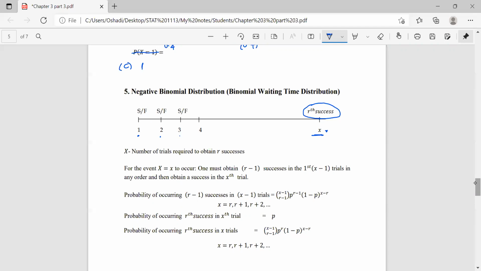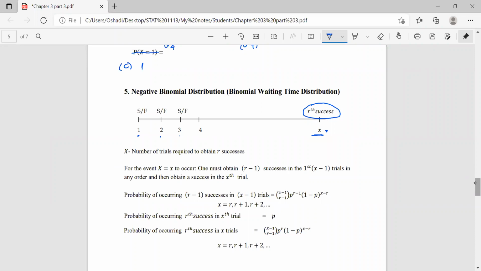Here, we are given that r successes have occurred, but how many trials do we need to obtain that rth success? So it is the reverse of the binomial distribution. In the binomial distribution, with a fixed number of trials, we find how many successes there are.